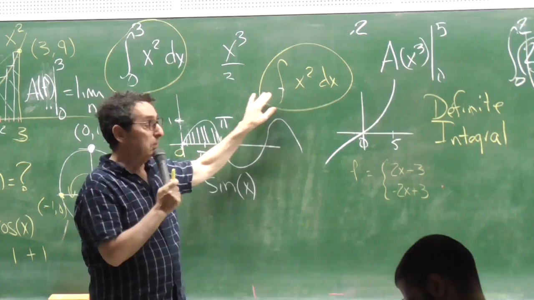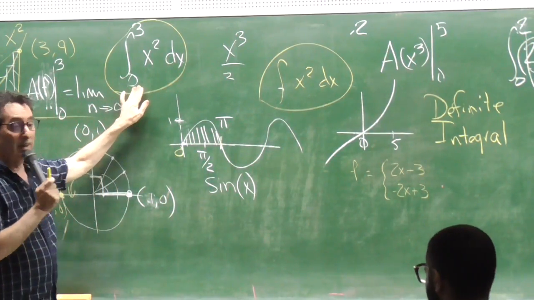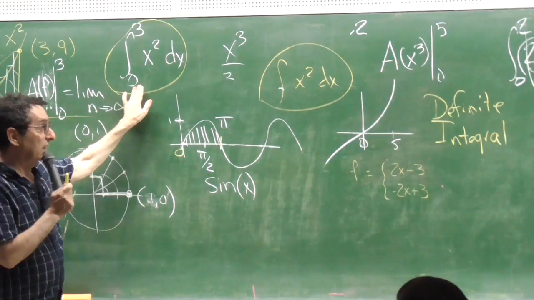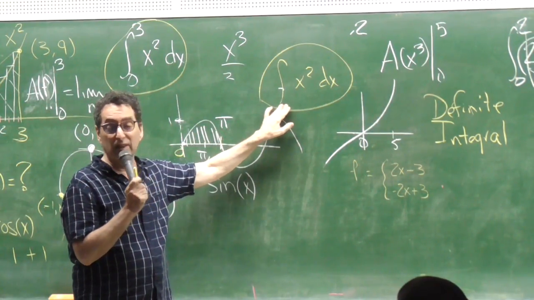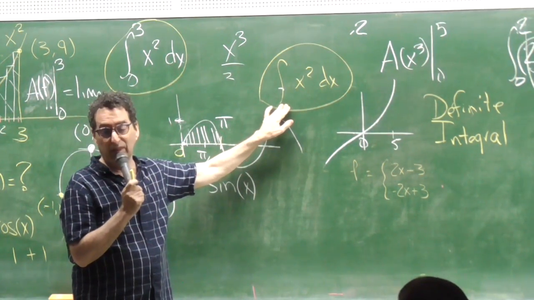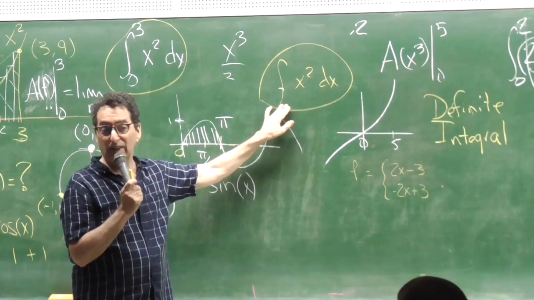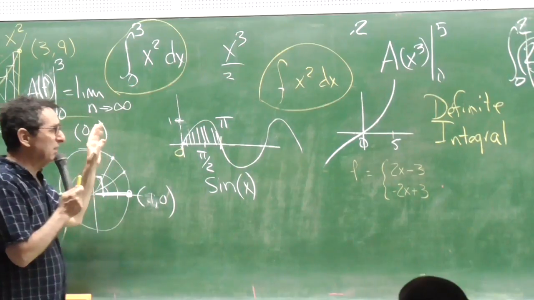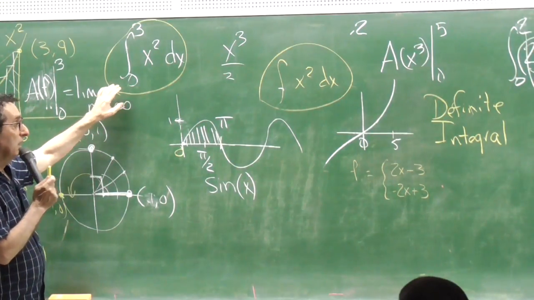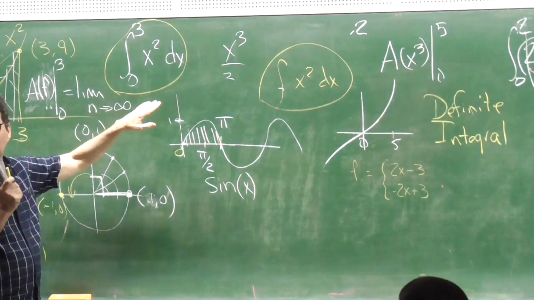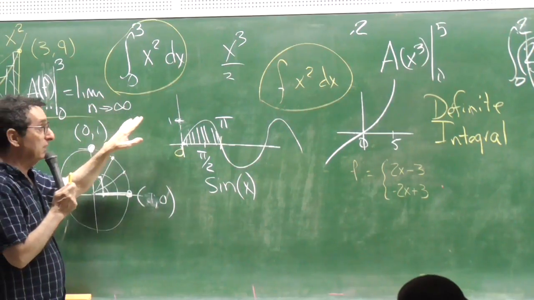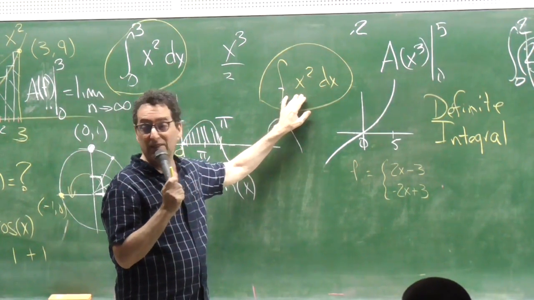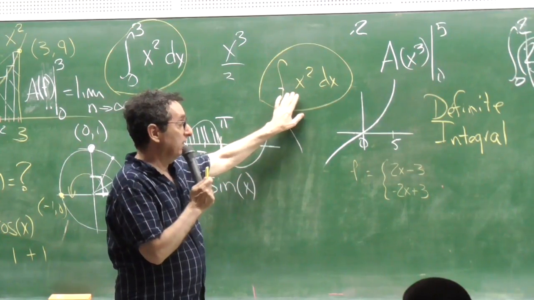So when we're talking about the area problem, it's called the definite integral, and when we're talking about the antiderivative problem, it's called the indefinite integral. There's two ways to think about why one is called definite and the other indefinite. One is that this is not a single function. What was the answer to this?